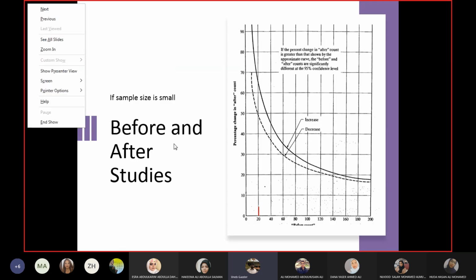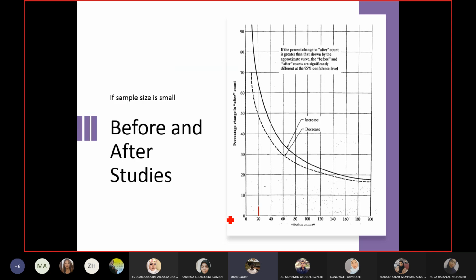So the number before is 10, so I'm here, and the 40% reduction is here. So the point is falling below the curve. That means the same answer: the percentage decrease is not significant.